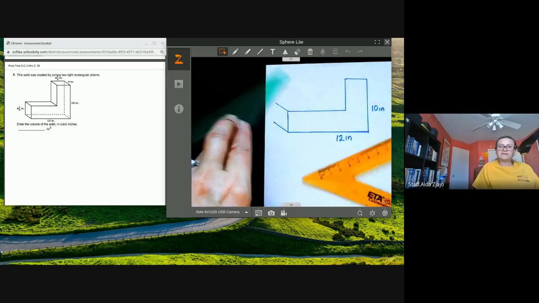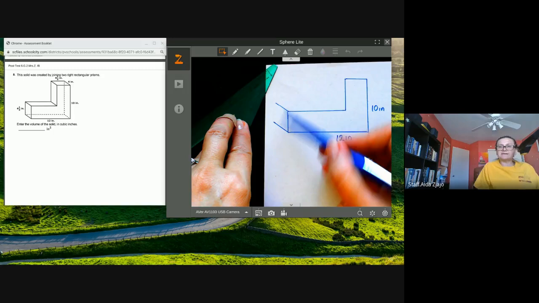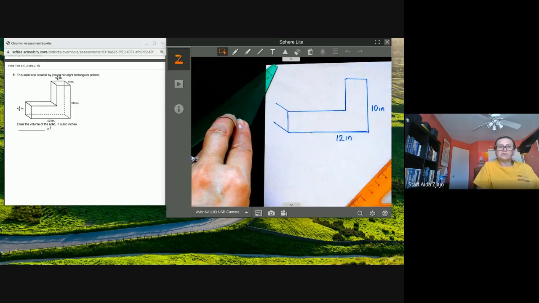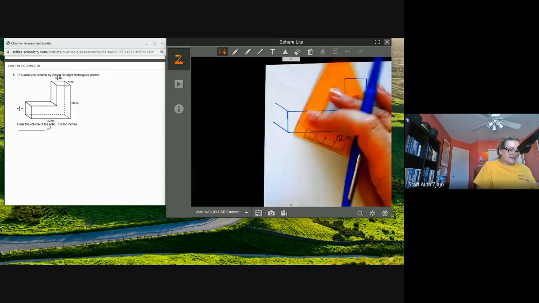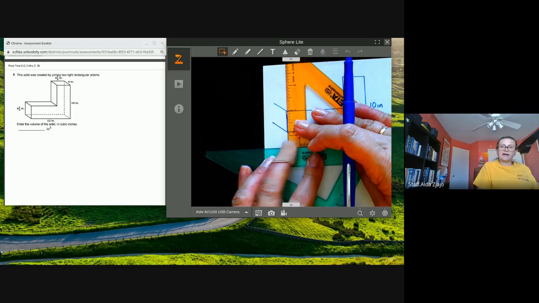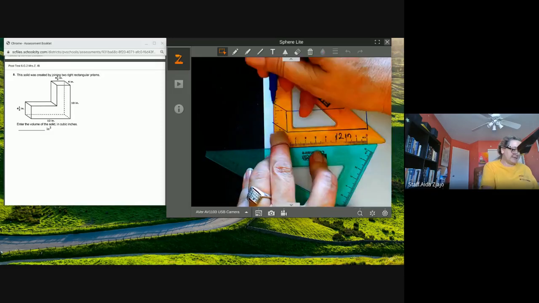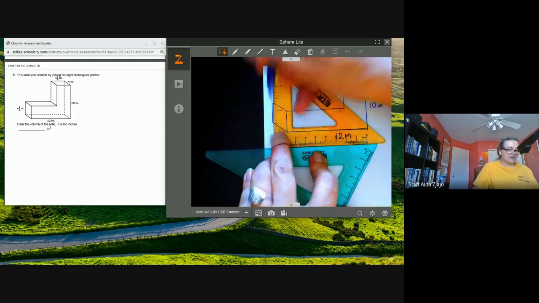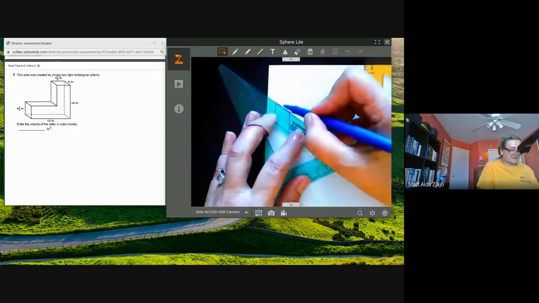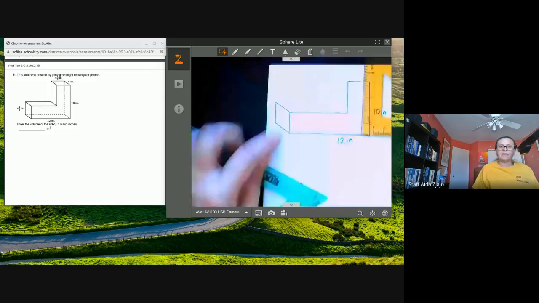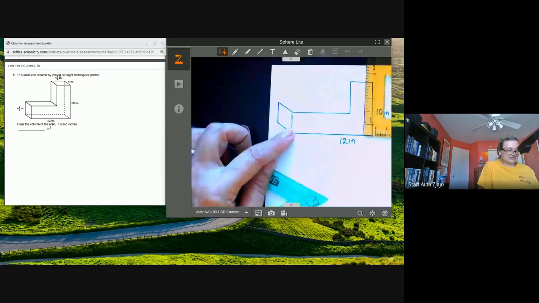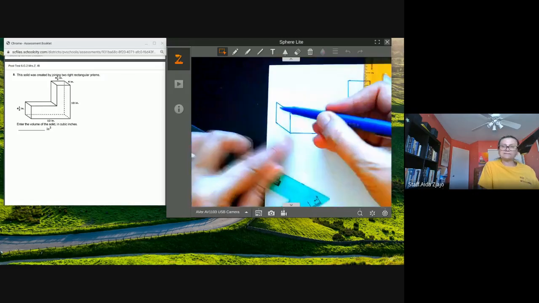What is the beauty of this? These two lines are the same length. And then this height is also the same length as this one. So wherever you have a line in a rectangular prism, the parallelity shows you that this height is the same as this.